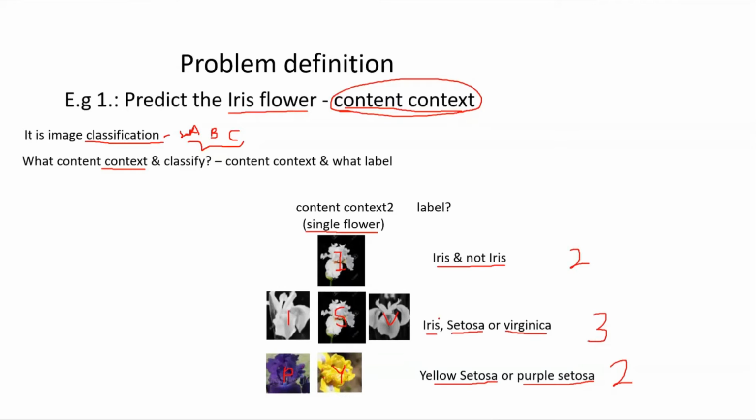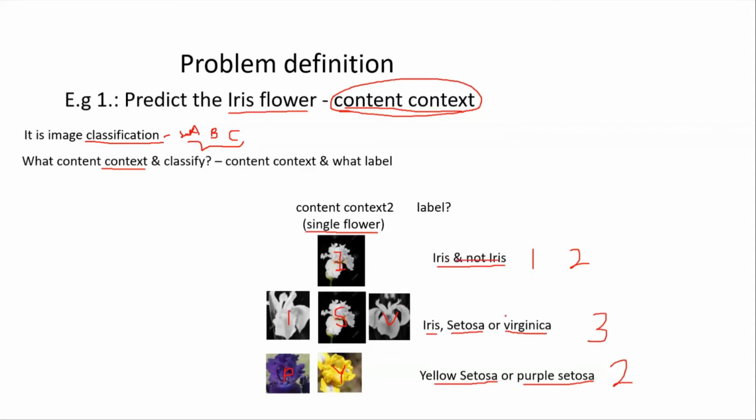And here, any flower that is iris, if not it is probably setosa, if not it is virginica. Other than that, not important. You can also have one class, one label. Forget about this, because other than this is not important. 0 or 1. That's the thing.